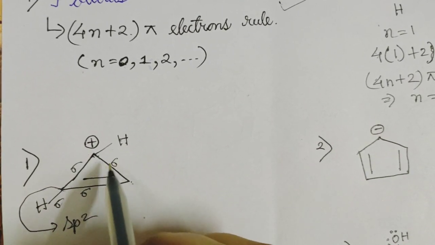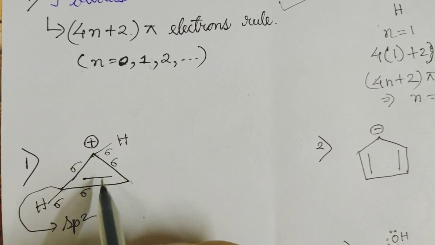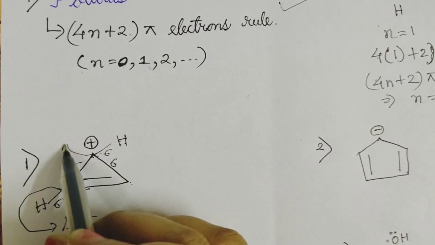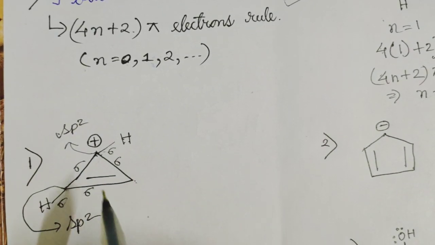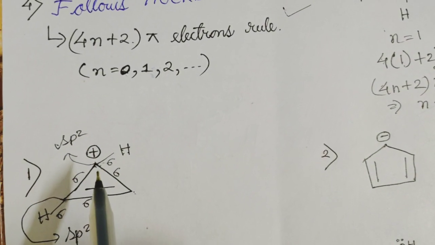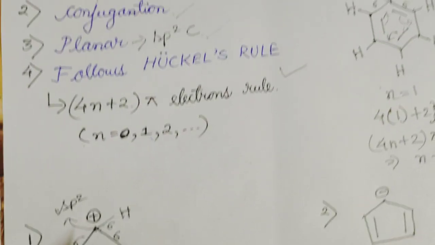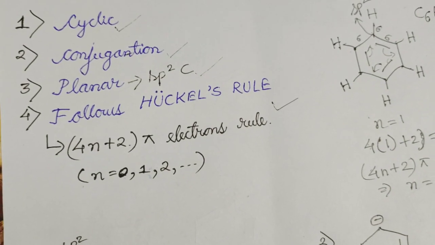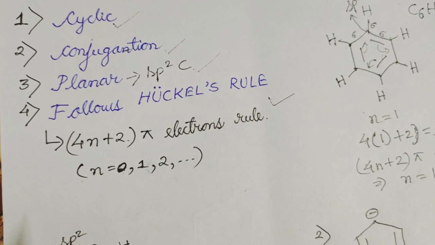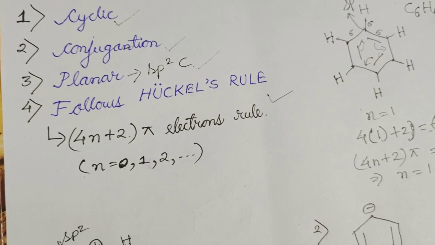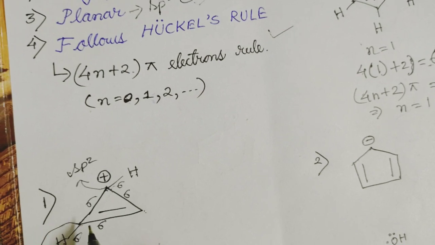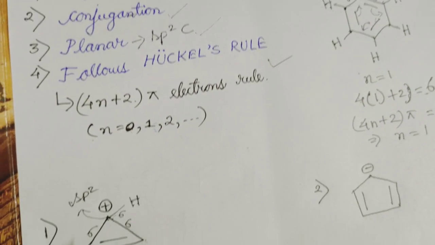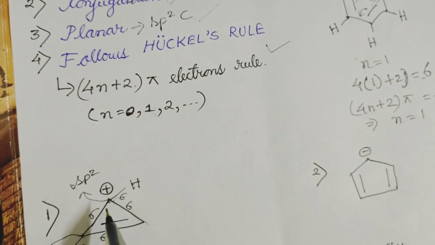So there are also 1, 2 and 3 sigma bonds. So this is also sp2 hybridized. So therefore the first criterion, that the compound given must be cyclic, is met. It is a cyclic ring.